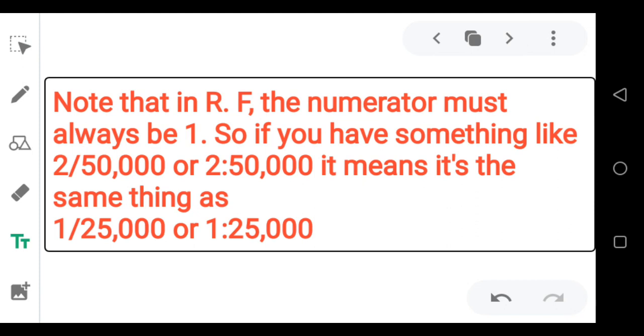All you need to do is to cancel the numerator and the denominator by 2, and you get half of 50,000. This is very clear. Always reduce the numerator to 1, as we have seen in this example.